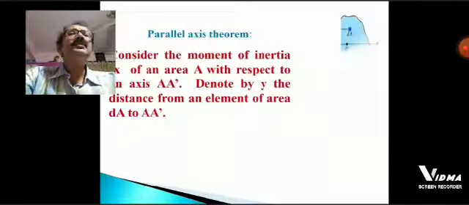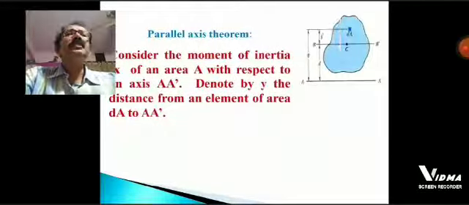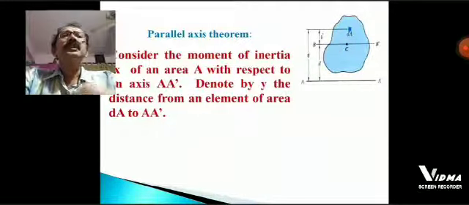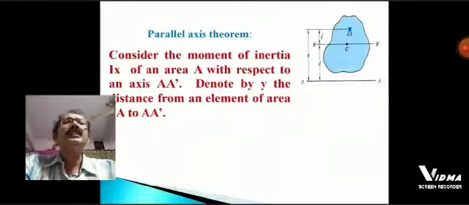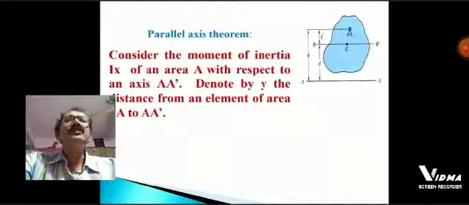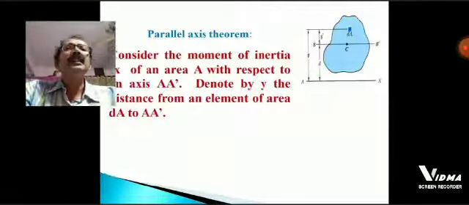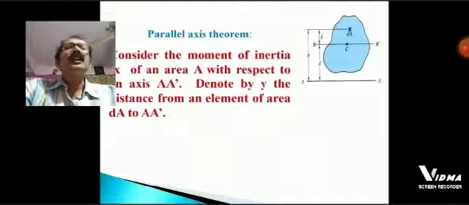Now for the parallel axis theorem, consider the moment of inertia Ix of an area A with respect to an axis A dash, and denote by y the distance from an elemental area dA to A dash.